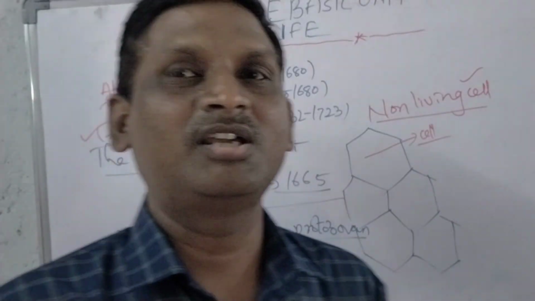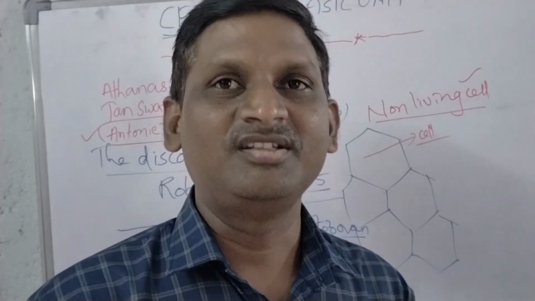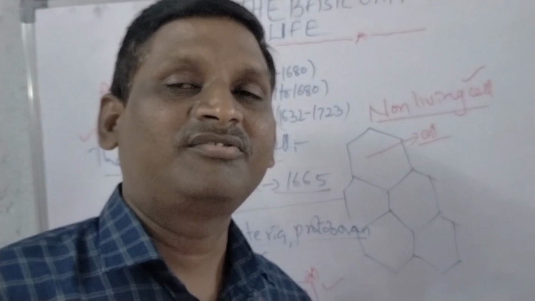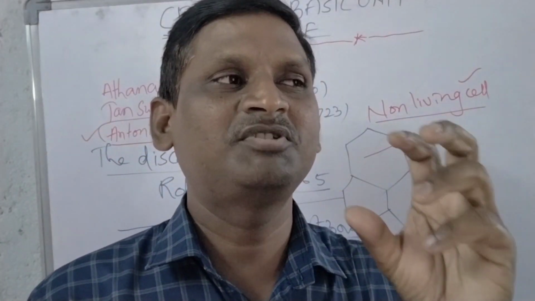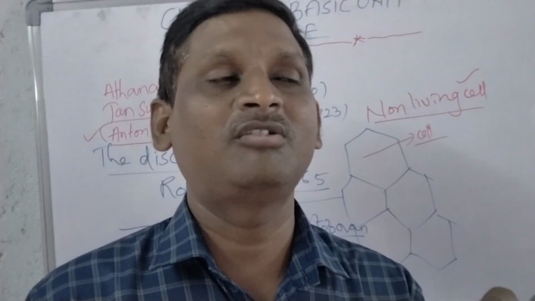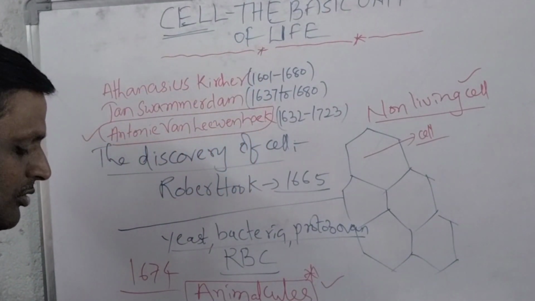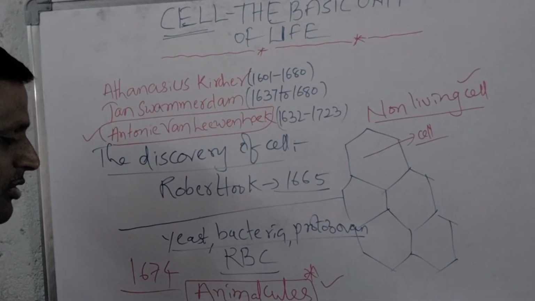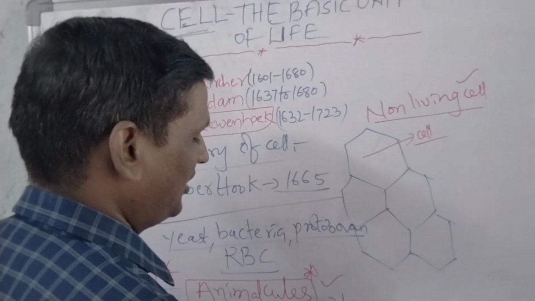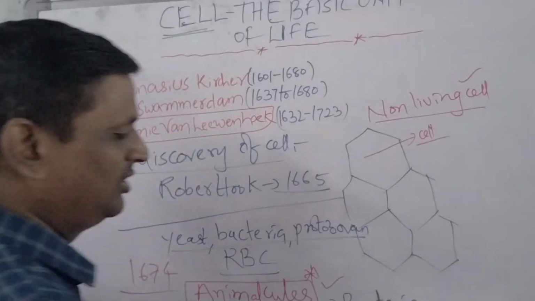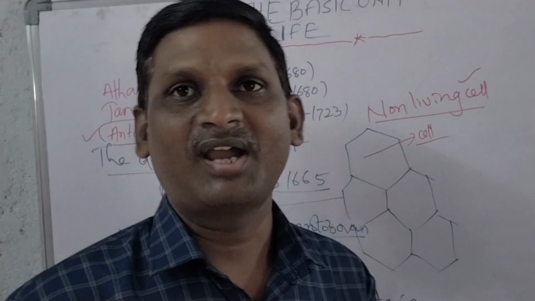Microorganisms in the pond water like bacteria, protozoans, and yeast cells were the small creatures he observed in 1674, moving in the pond water, and he called them animalcules. These animalcules he later named as bacteria.